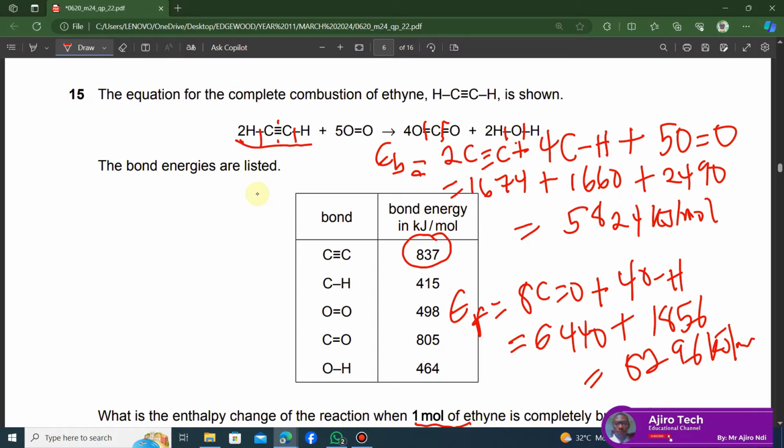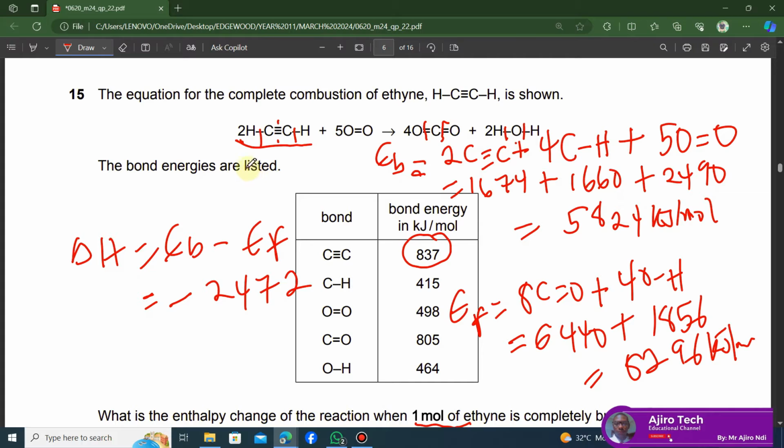To get the change in enthalpy, it's going to be EB minus EF. EB is 5824, so 5824 minus 8296. So I have minus 2472, minus 2472.